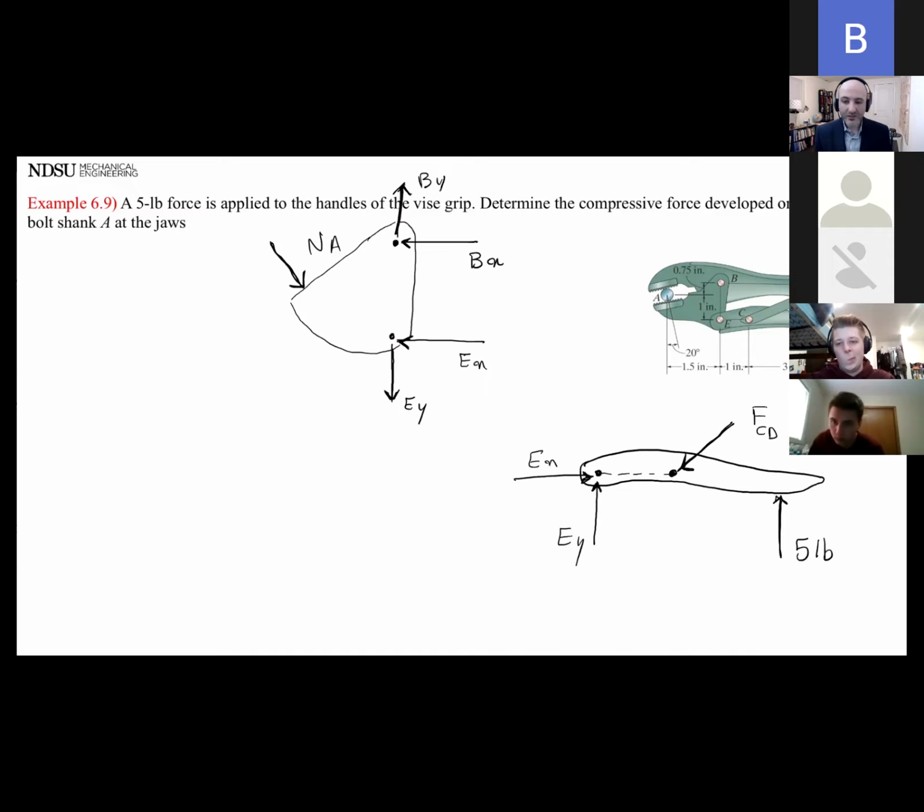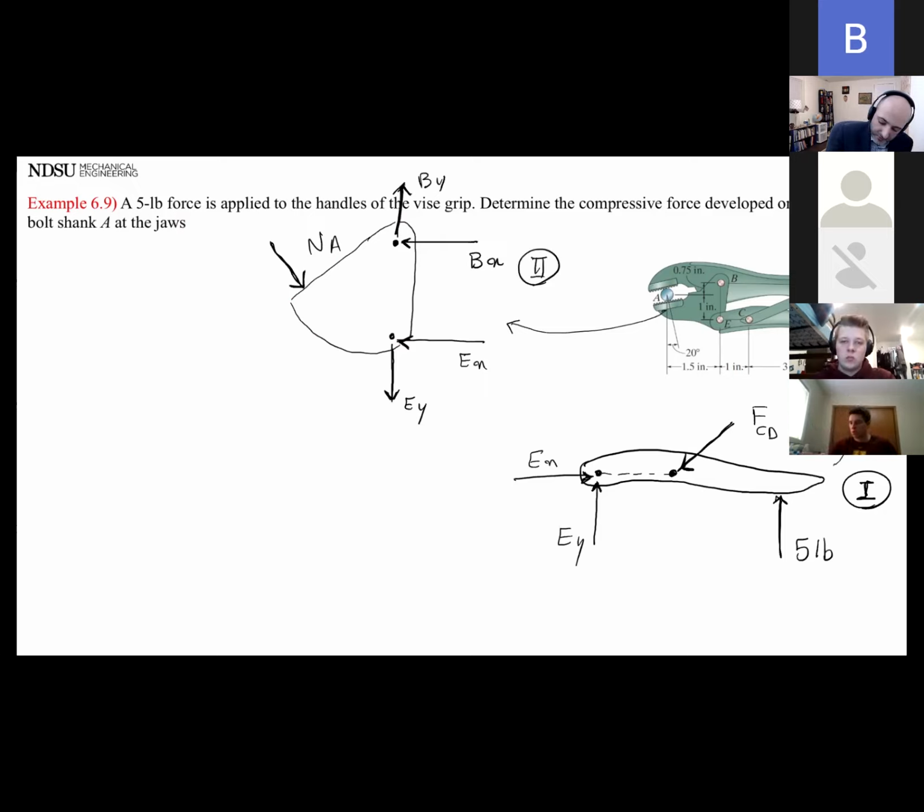Okay. A little bit cleaner free body diagrams here. So it's this one and it's this one. Okay, so as I said, I'll start with number 1 free body diagram.